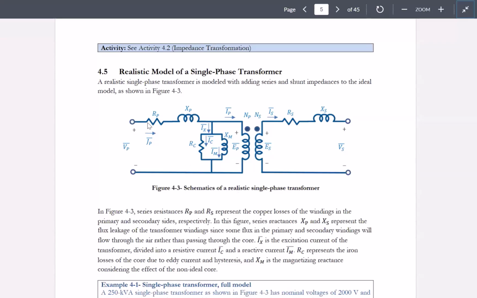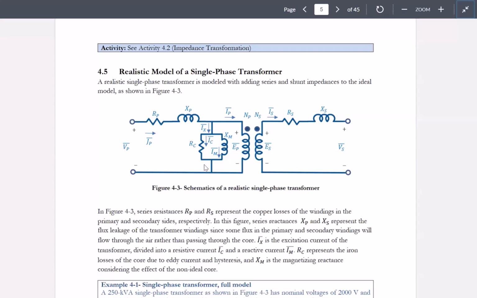The ones that I'm showing with RP, XP, RS, and XS would be called the series impedances. RP and RS show the losses on the windings on the primary and secondary sides, respectively. And the X's show the leakage reactance associated with the windings on the primary and secondary sides.